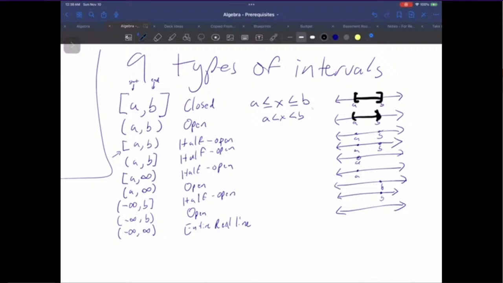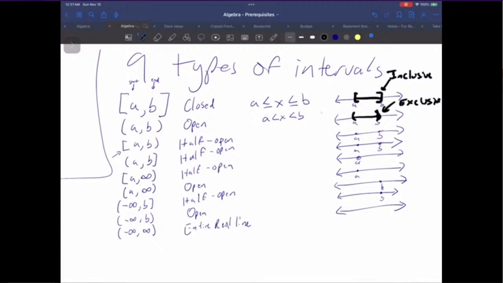There's no inclusivity there. They call this inclusive. Call this exclusive, because it includes the endpoint or it excludes the endpoint.